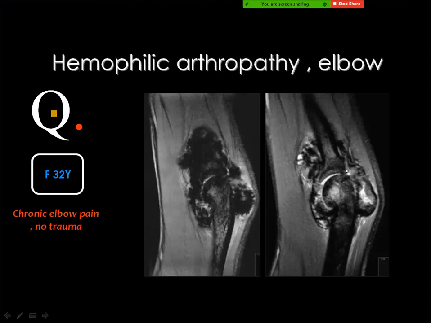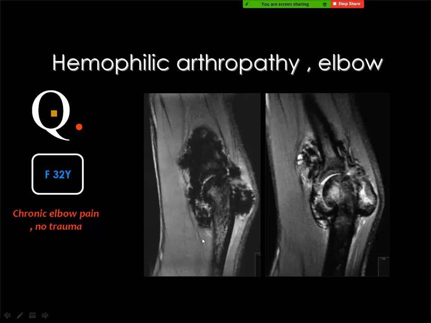Actually, these two images are not enough to select one of the conditions, but you should have the post contrast image. In pigmented villonodular synovitis, the lesions will enhance, but in hemophilic arthropathy, the lesions will not enhance.